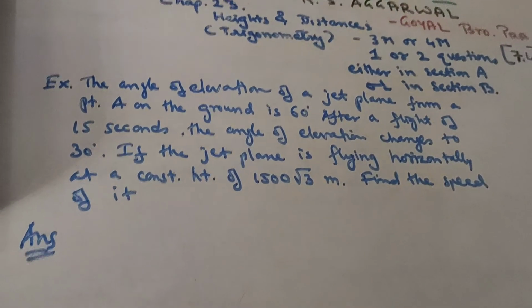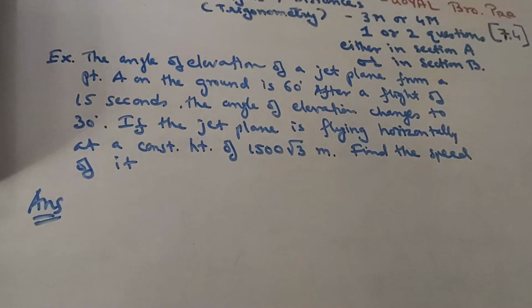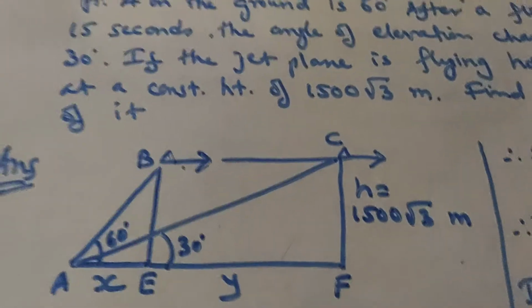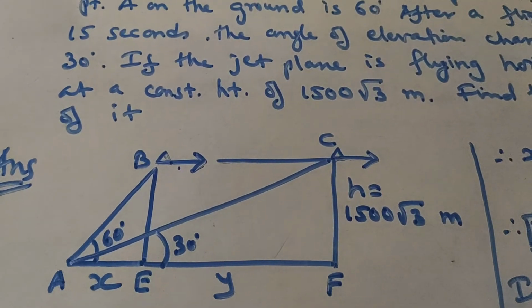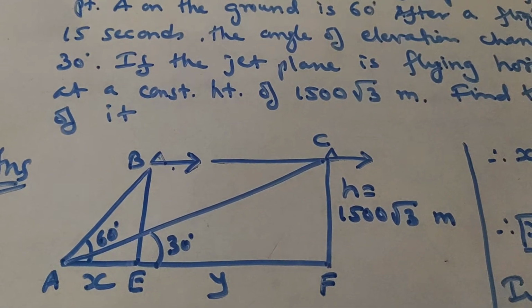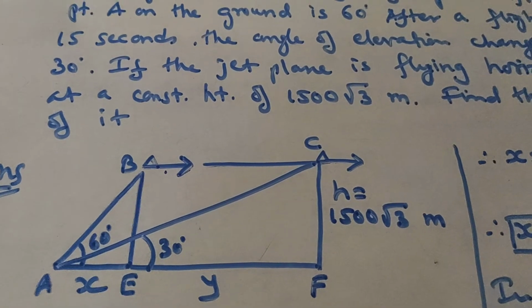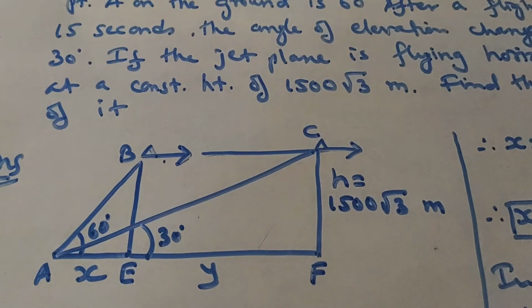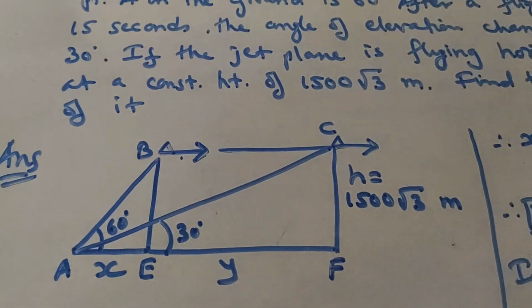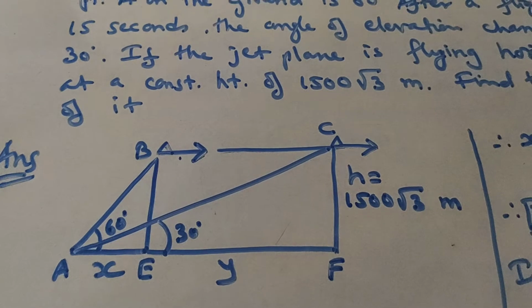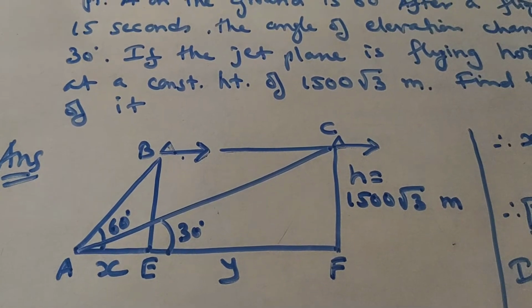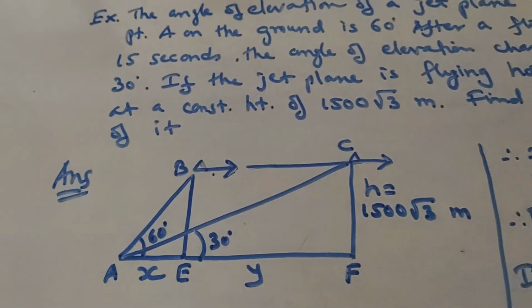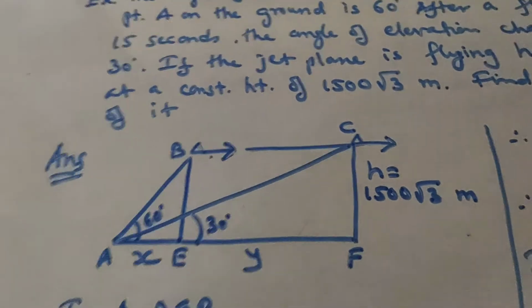So let us draw the figure first and then we'll solve it. So the figure seems to be like this. B is a jet and after 15 seconds it moves to C. So the jet flies from point B to point C. A person observes the jet plane when it is at point B with an angle of elevation of 60 degree, and when it moves after 15 seconds to point C, the angle of elevation changes to 30 degree.